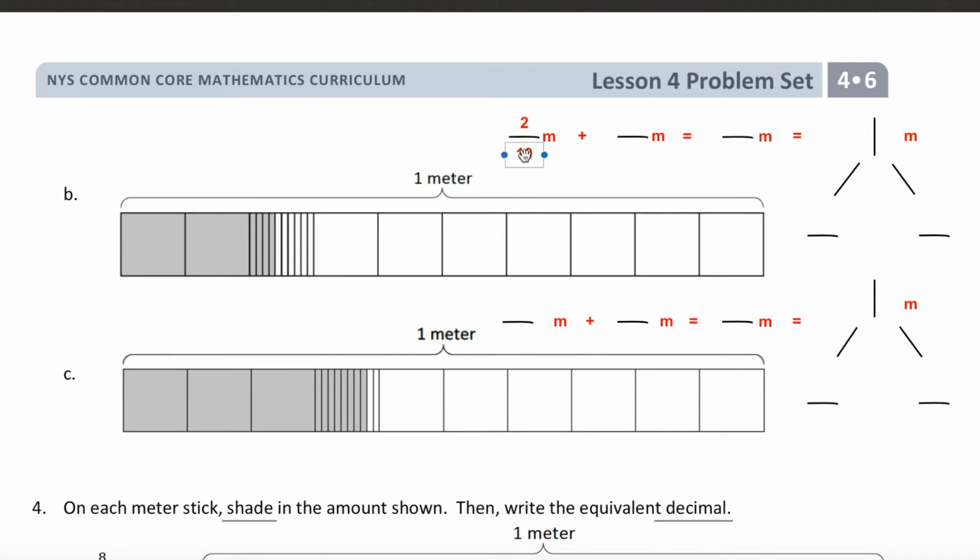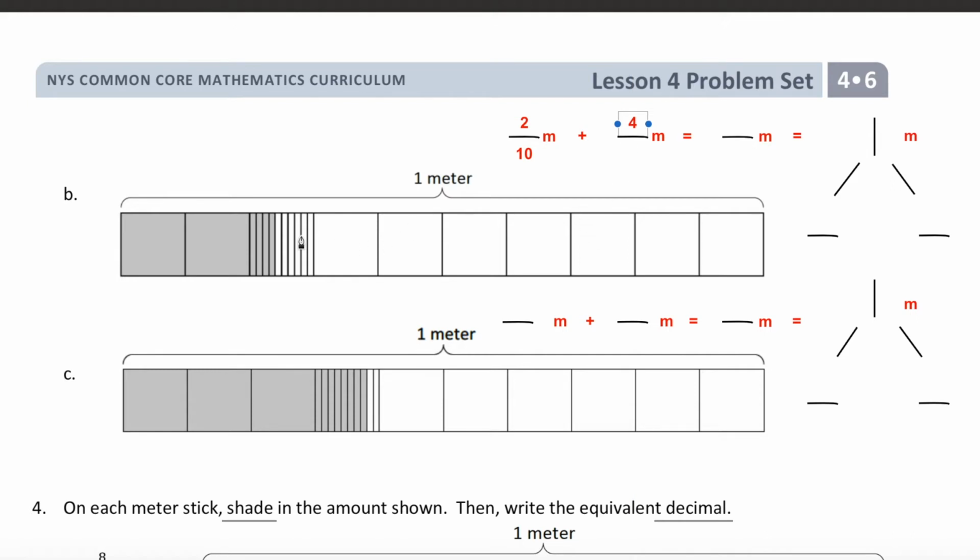Okay, so 2/10 meters plus, let's count the next level of shaded boxes. 1, 2, 3, 4. That's going to be your numerator, okay? The number that goes up top.